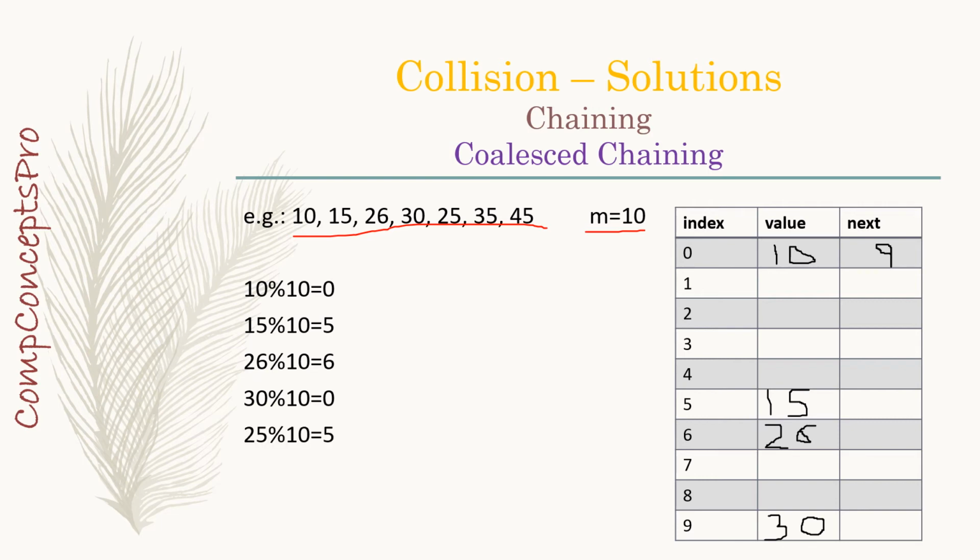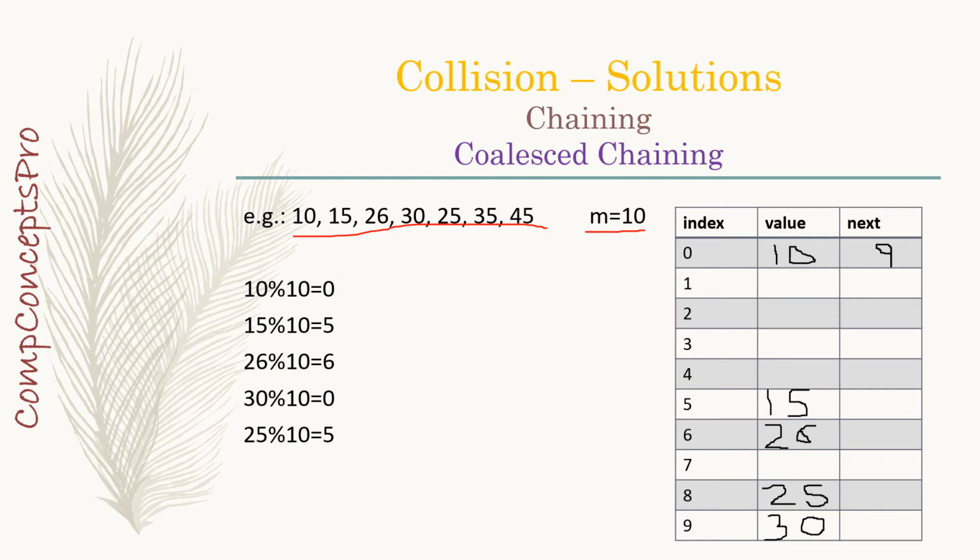Next is 25. Again there is a conflict because 25 mod 10 generates the hash code 5, but index position 5 is already occupied by the key value 15. So 25 will be stored here in the index position 8, which is the next available empty index position from last.